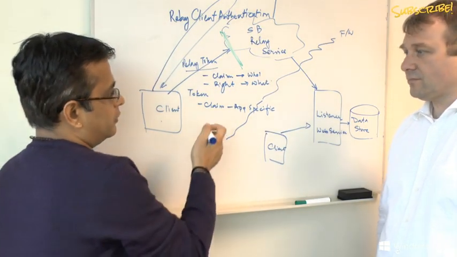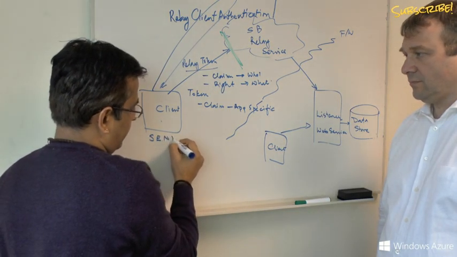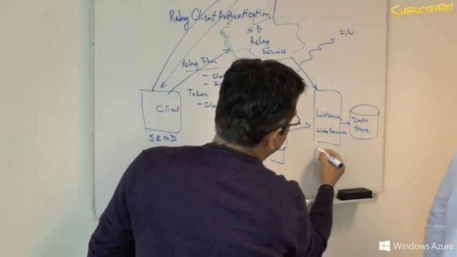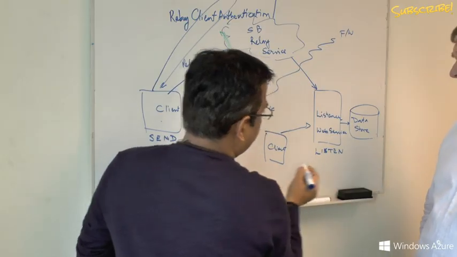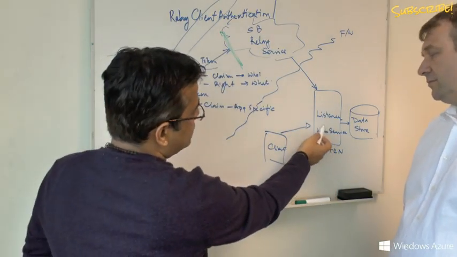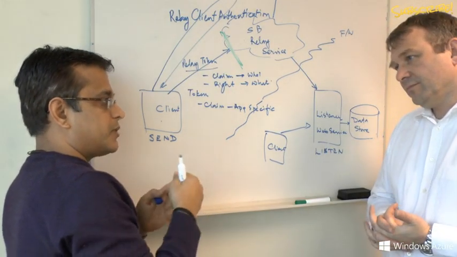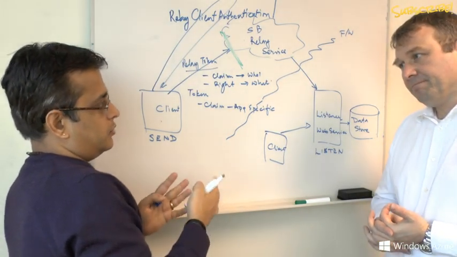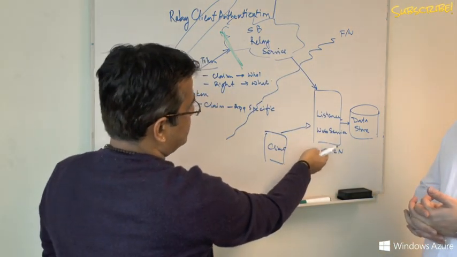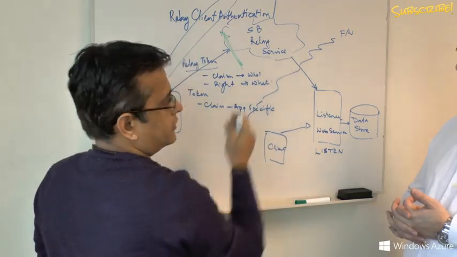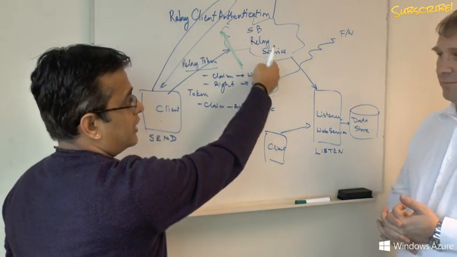So the right for this client is send, and the right that this service needs is listen. The listener service, when it connects to the Service Bus Relay at a specific endpoint, needs a token that it presents, which can also be acquired from ACS, that says this service has the right to listen at this endpoint. Any client that connects says that yes, it can communicate to that relay endpoint.